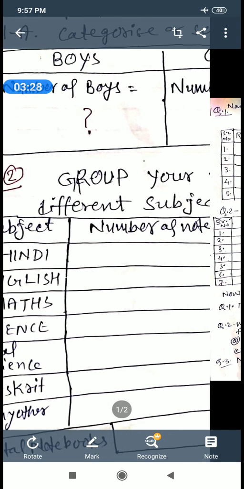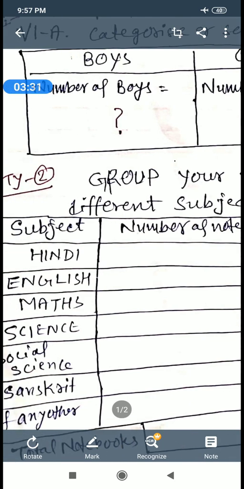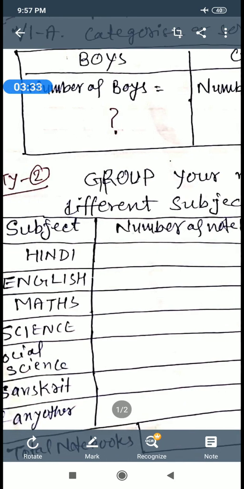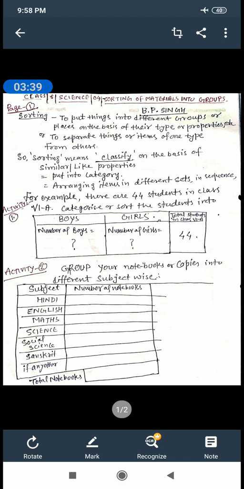Write down the number in this column and do the total. This is the total notebooks in your bag.